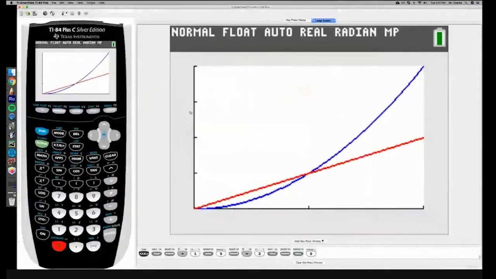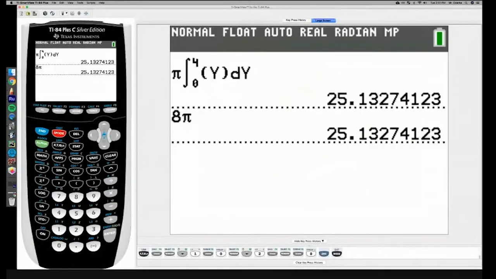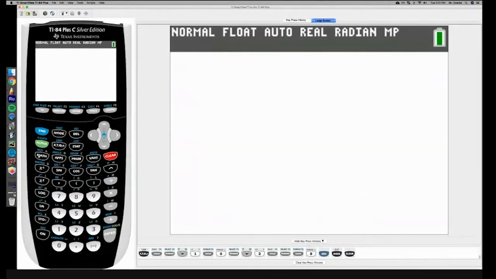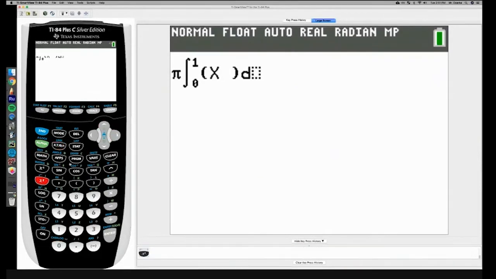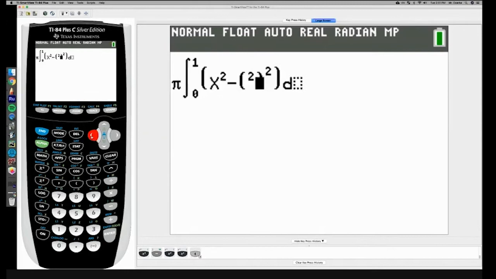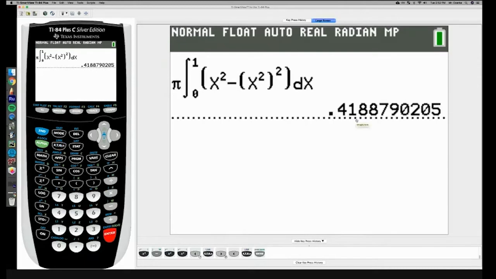I don't think it's rude. All right, so I'm going to quit out of here. All right, so now if I do pi times math 9 from 0 to 1 of x squared minus x to the fourth, and then with respect to x, hit enter, 0.419.